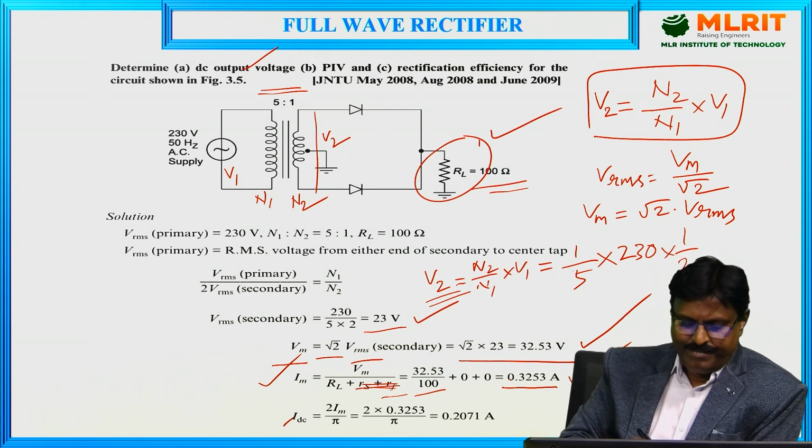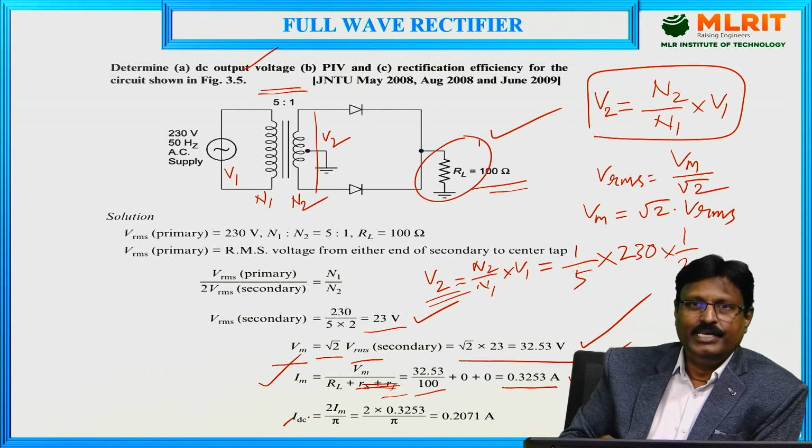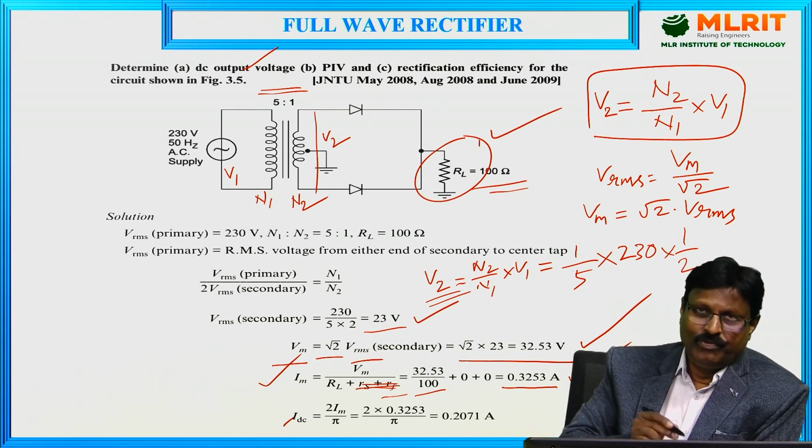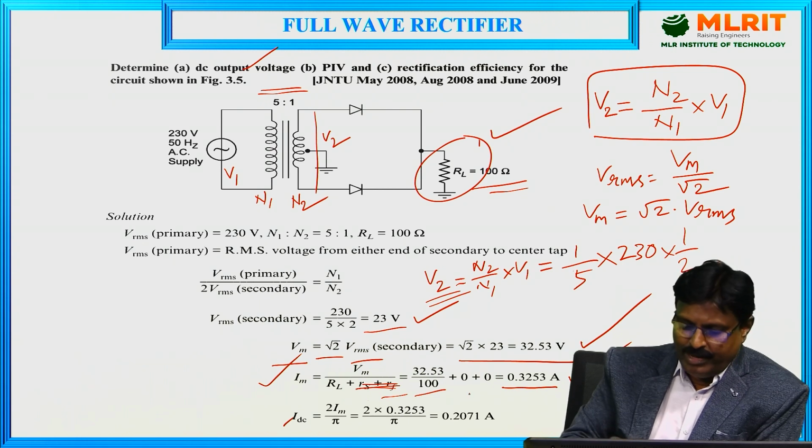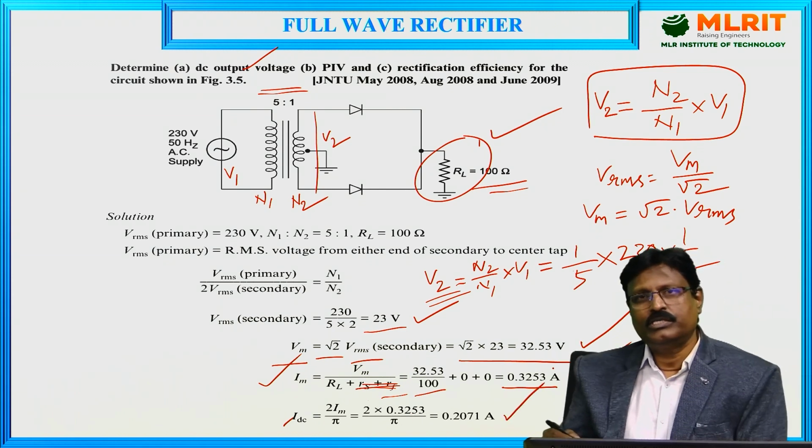From Im, we need the value of IDC. What is the relation between Im and IDC? For a full wave rectifier, IDC is equal to 2 Im by pi. Im value we got as 0.3253, so 2 times 0.3253 by pi, you will be getting 0.2071.